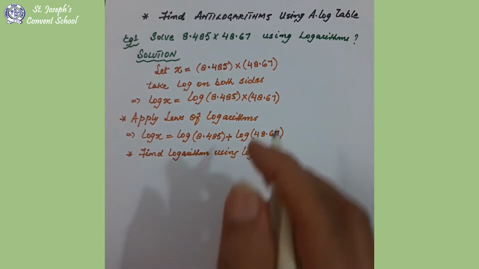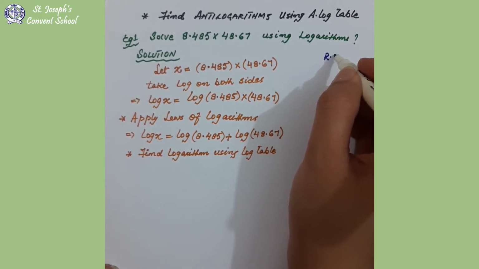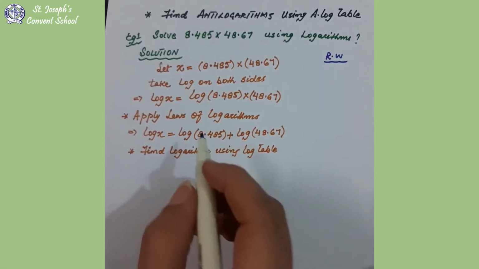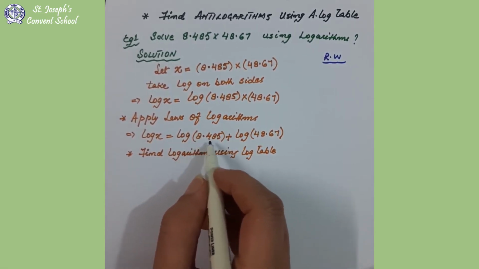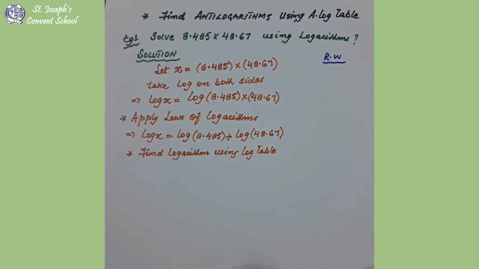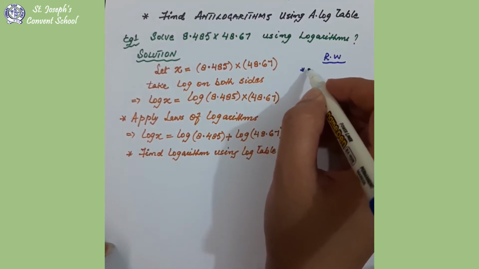Okay, so here is your rough work column. First step, we will find the log of this number. Okay, log of 8.485.